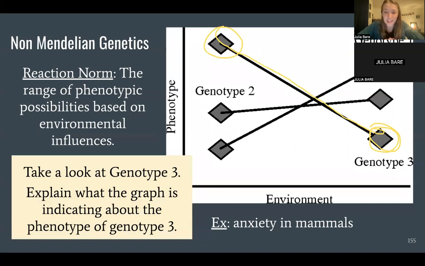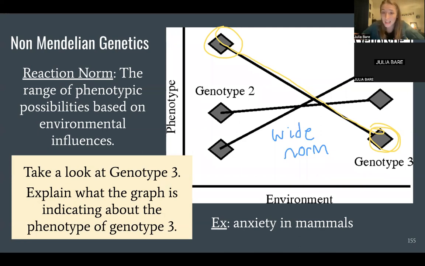Well, what this means when we're talking about the reaction norm, we would say that genotype number 3 has a wide norm of reaction. They have a wide range in their expression of a particular genotype, right? It's the same gene, same alleles, but the environment is influencing the expression of that genotype, right?